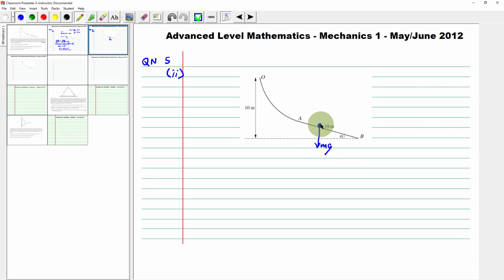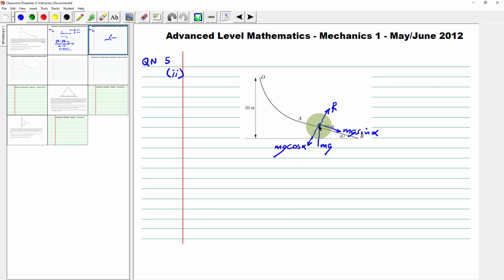There will be its own weight, mg. There will be a component of that weight acting down the incline, which is mg sine alpha. There will be a component of that weight in this direction. There's 90 degrees here, and it will be mg cos alpha, and there will be the normal reaction R, which of course equals mg cos alpha.